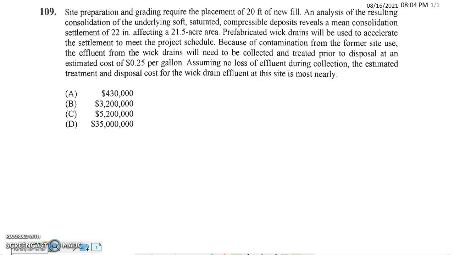Okay, I believe everybody has read the question, so let's move on. I'm gonna read fast because I know you already read it. Site preparation and grading require the placement of 20 feet of new fill. Analysis of the resulting consolidation of the underlying soft saturated compressible deposit reveals a mean consolidation settlement of 22 inches, affecting a 21.5 acre area.